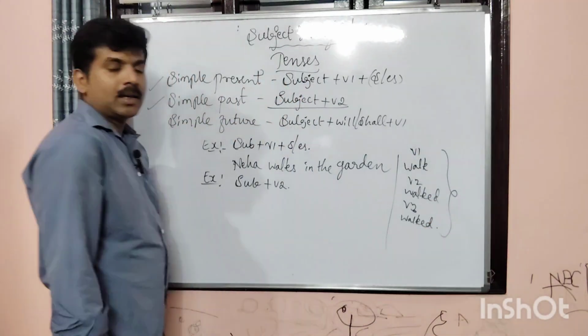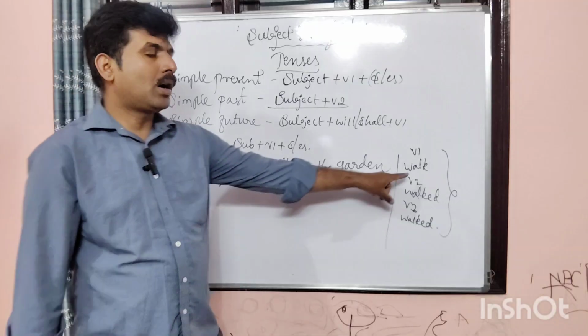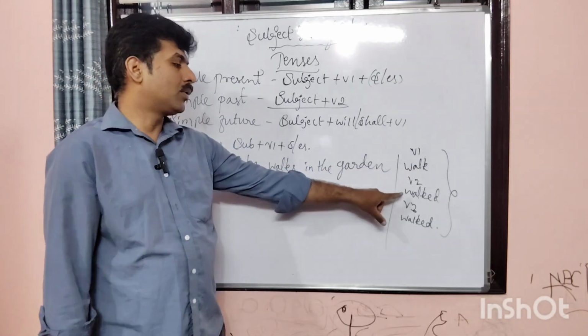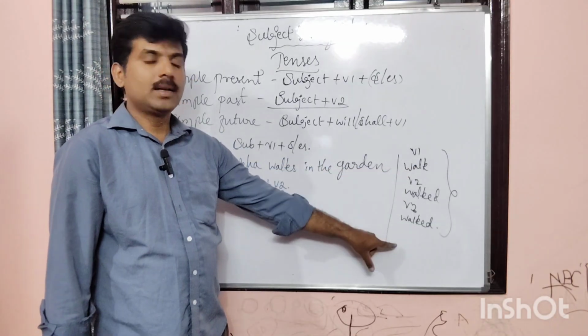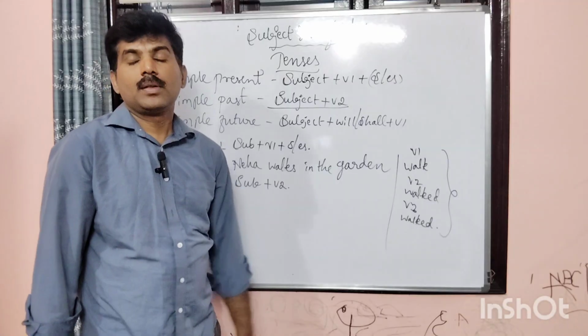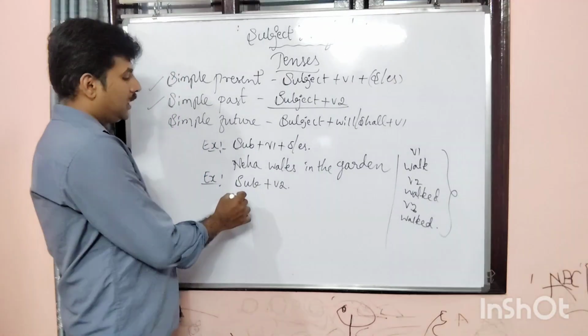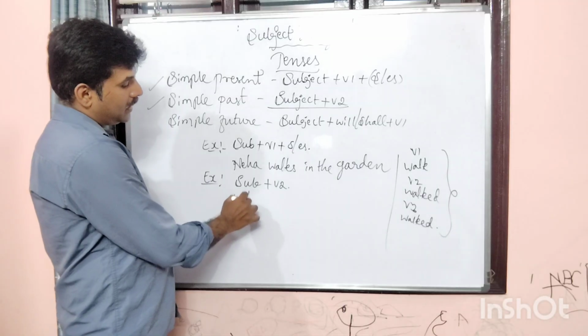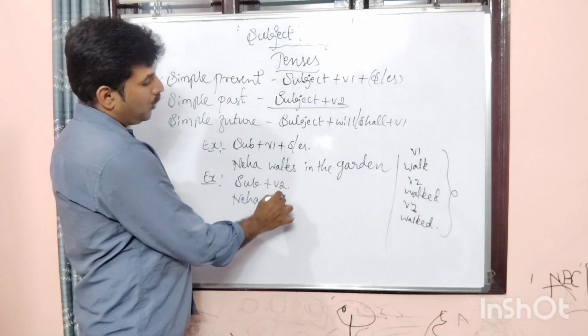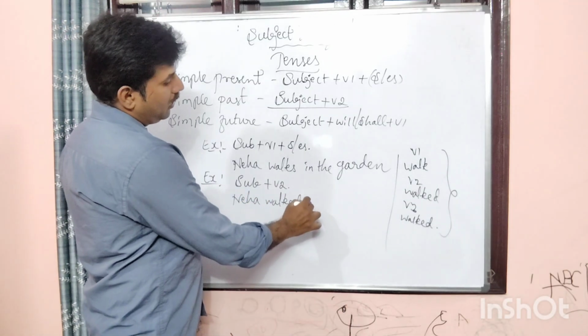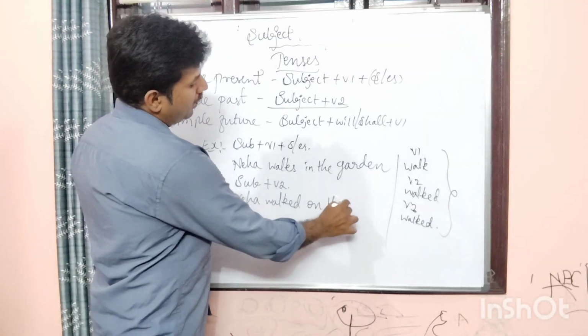We are explaining in three forms. The form one is walk, the action word, verb two is walked, and walked is also the verb three form. Then the subject stays the same: Neha walked on the ground.